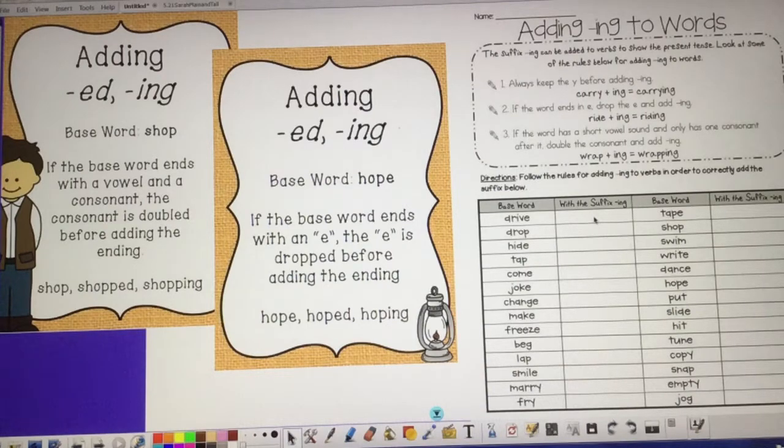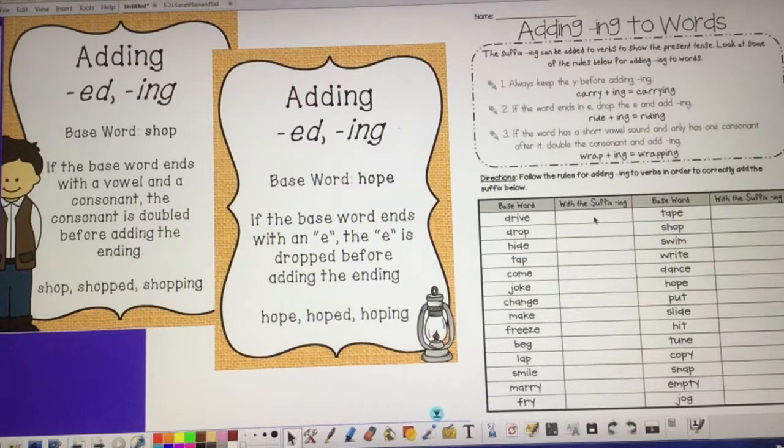Okay, third grade. So I'm going to talk to you about the worksheet that is in your packet with adding ING to words. Now I have two sheets on the left that are kind of guides talking about what you do with the base word. So if the base word ends with a vowel and a consonant, the consonant is doubled before adding the ending. So for example, like shop, it ends with an OP.